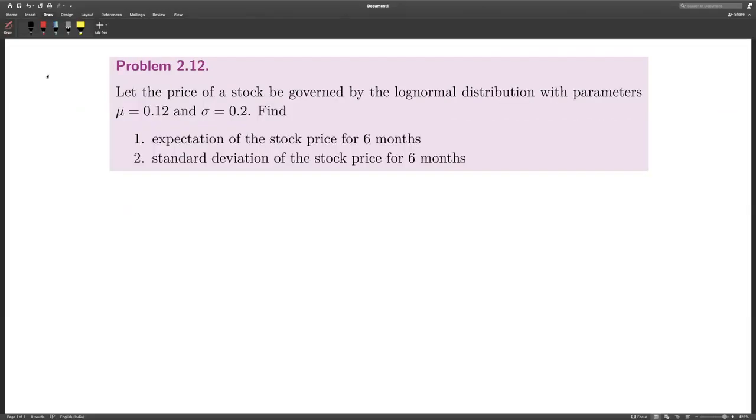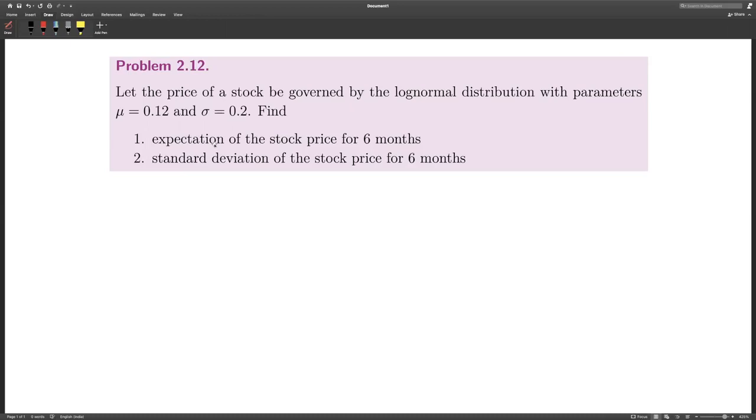The next question is, let the price of the stock be governed by log normal distribution with parameters mu and sigma given to you. You have to find the expectation of the stock price for 6 months and the standard deviation of the stock price again for 6 months. If you recall, in the class we have derived the general expression for expectation and the standard deviation.